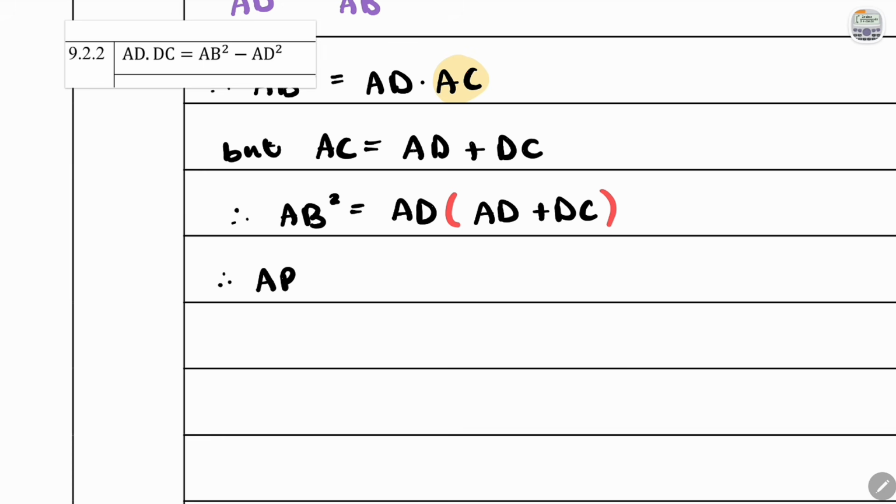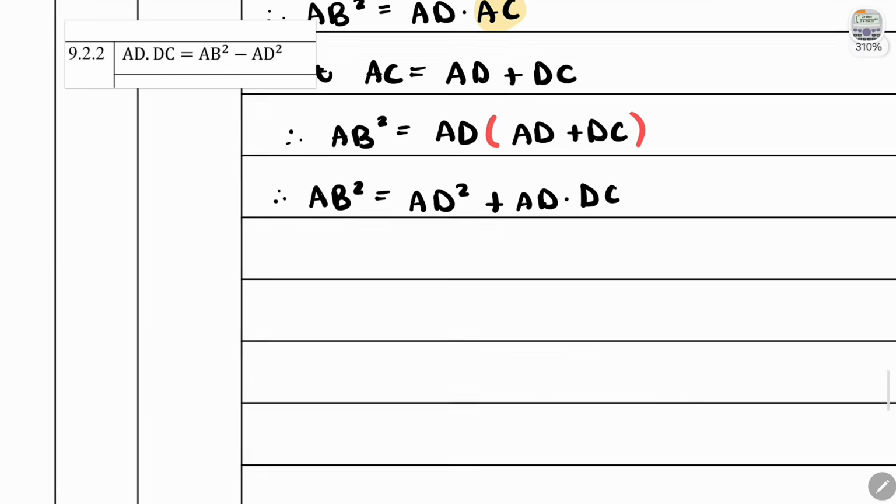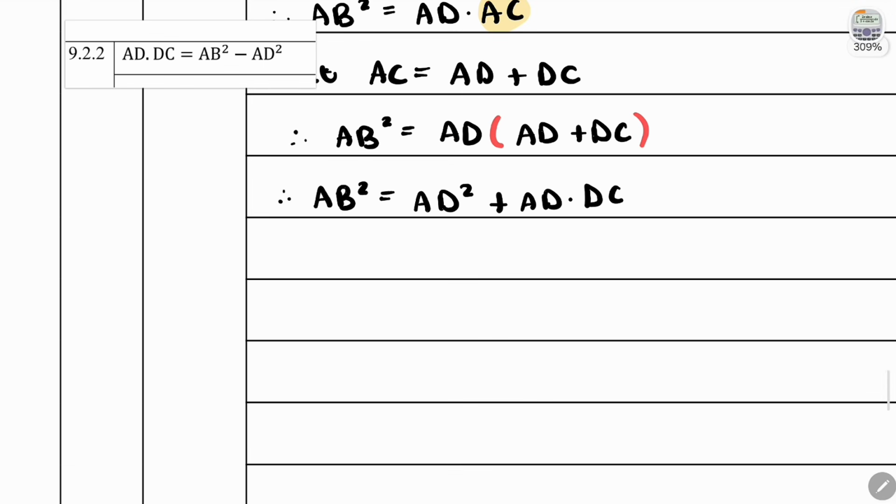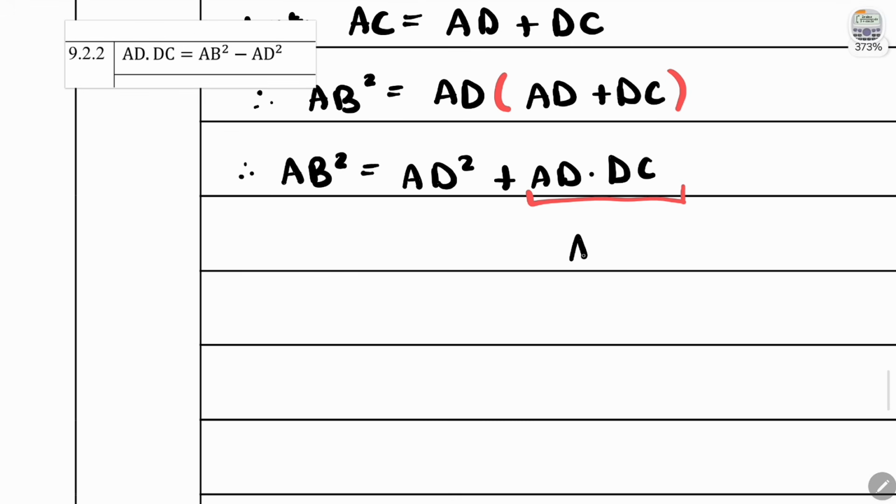So it means that AB squared is equal to, so this distributes in and becomes an AD squared. That distributes in and becomes DC. I just want to put it in their order. So it's AD times DC. All they did was make AD times DC the subject, so we'll leave it here.